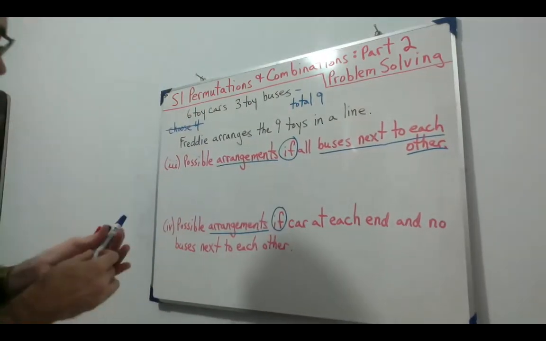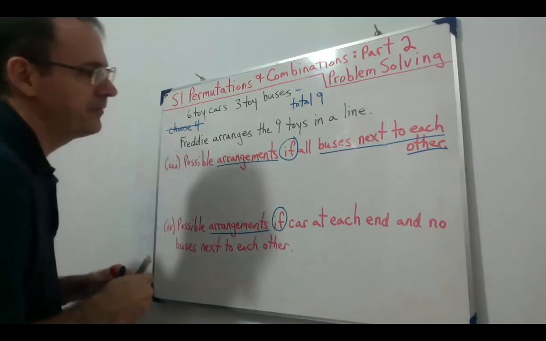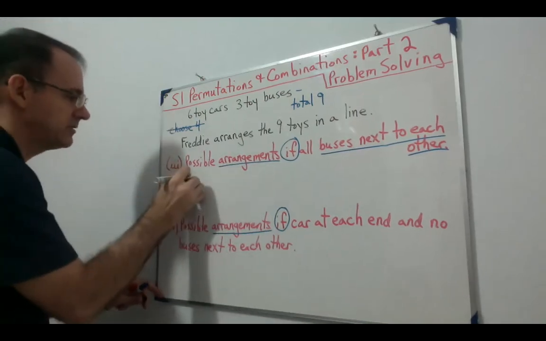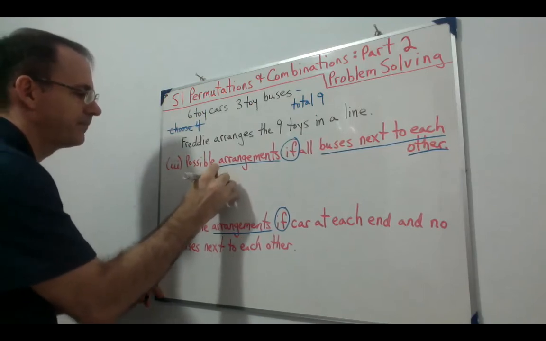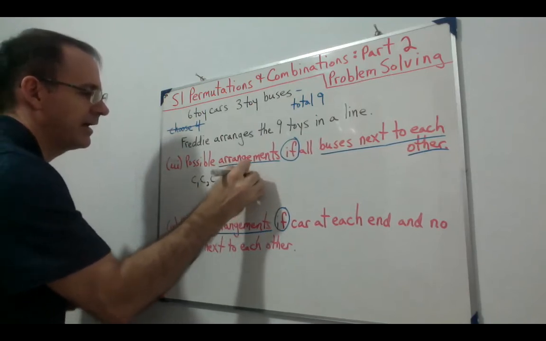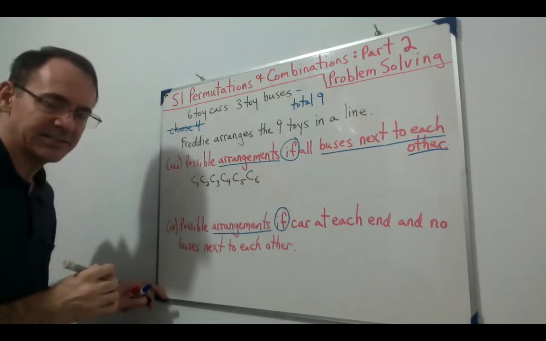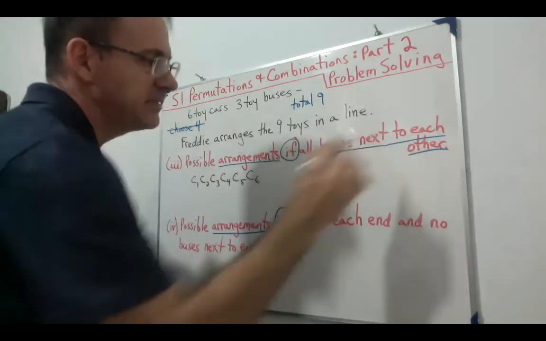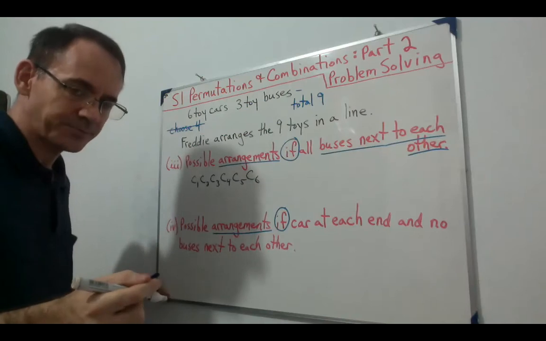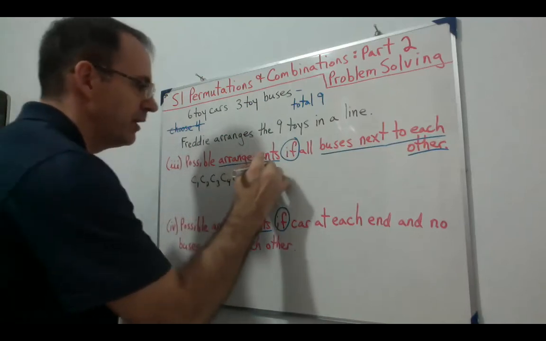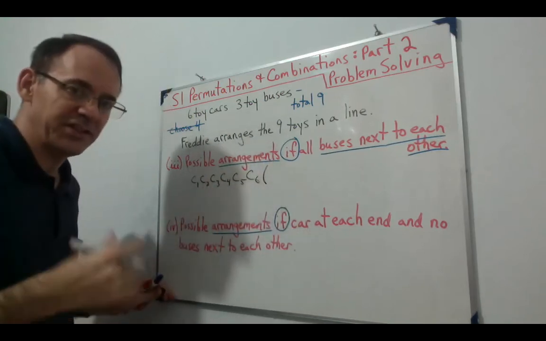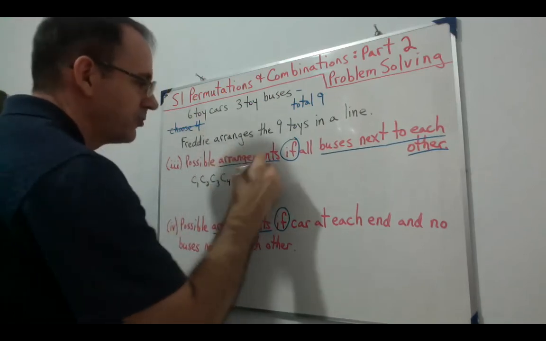So if we look at this, we're going to have 6 cars. So car 1, car 2, car 3, car 4, car 5, and car 6. Then the buses need to be next to each other. So things that need to be together are put into a group. So I put them in parentheses to show that they're one group.